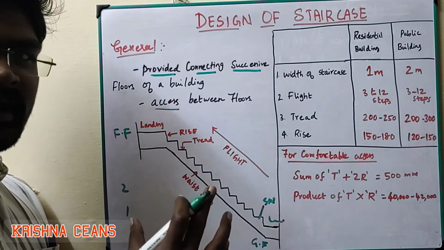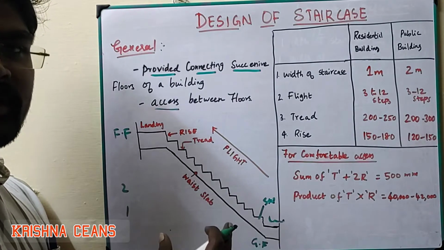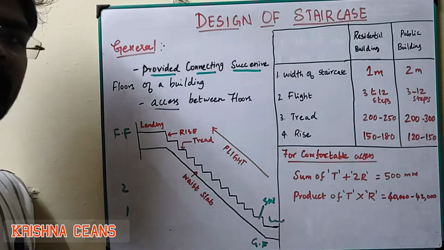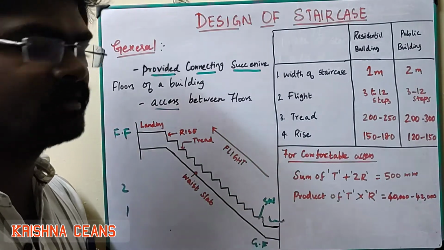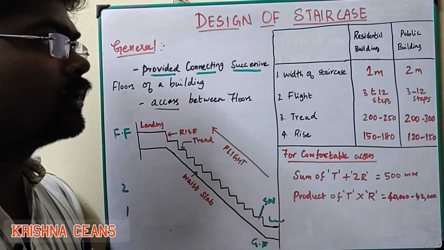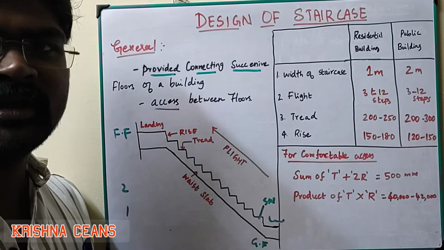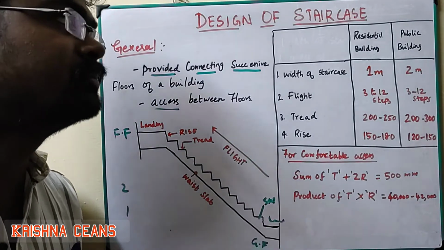When we design a staircase, we have to know the following design requirements. For that we will discuss the difference between residential building and public building. Public buildings come under the categories of educational buildings, commercial buildings, organizations. Like that we can say public building.